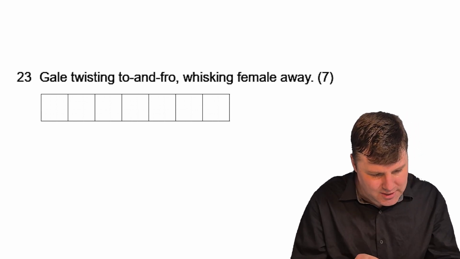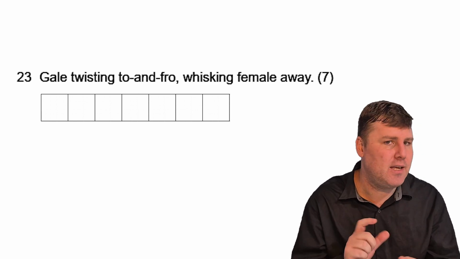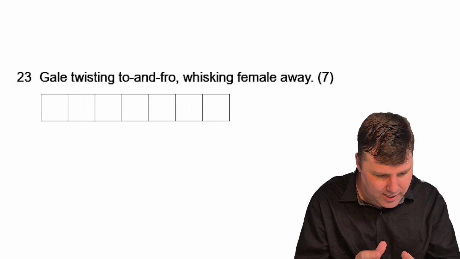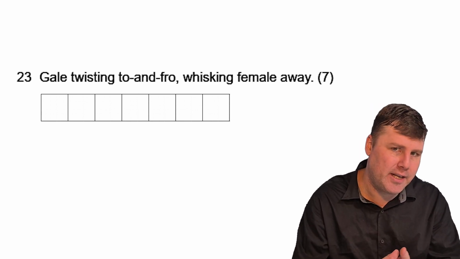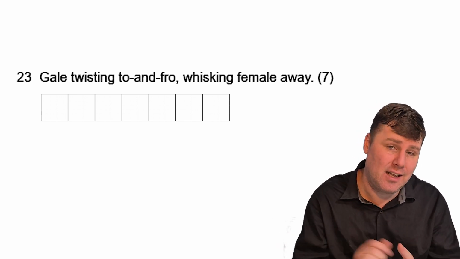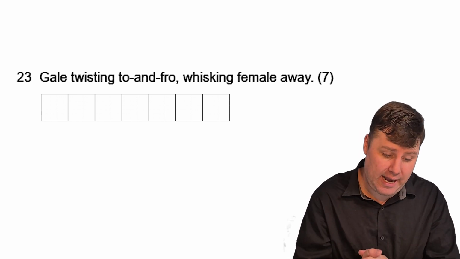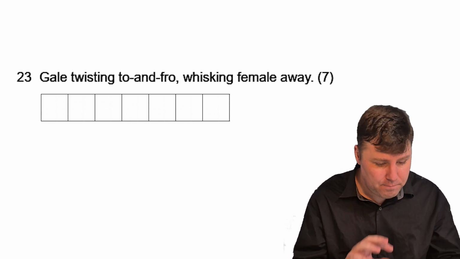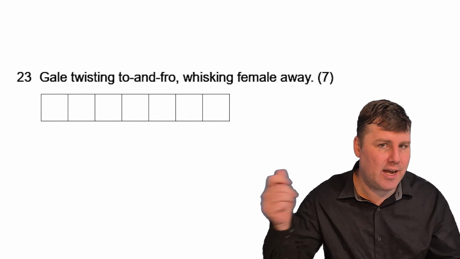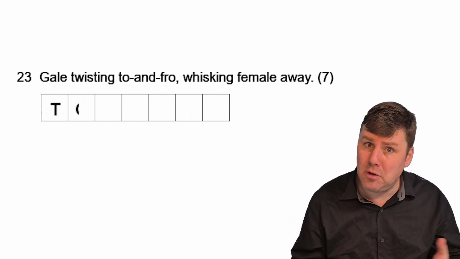So twisting to and fro is you're twisting those letters around. And just like some of our earlier anagrams, we're also going to take a letter away. So we're whisking female away. So the letter F stands for female. You twist to and fro, you take out that F, you get a gale or a tornado.